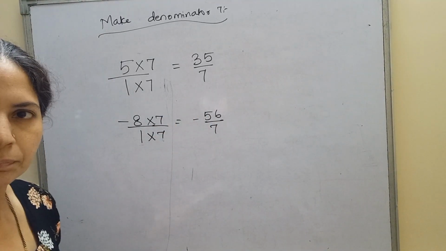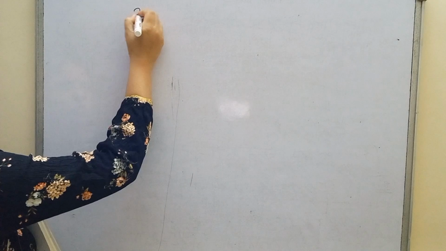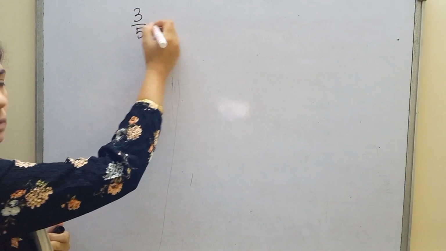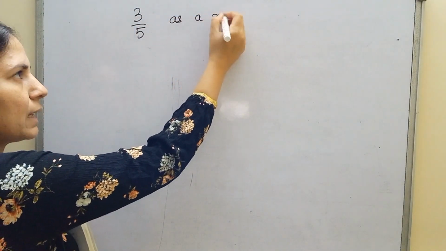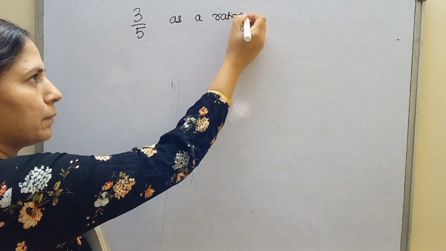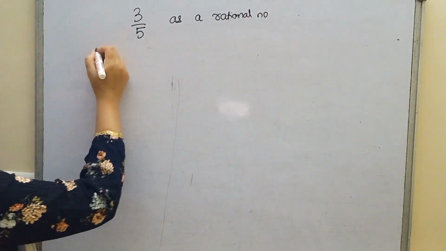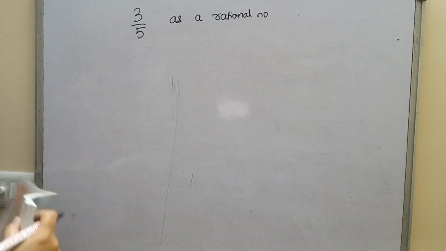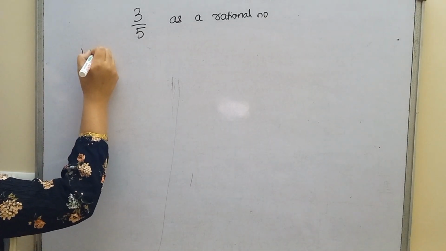Similarly, students, the next question is express 3 upon 5 as a rational number with various denominators.